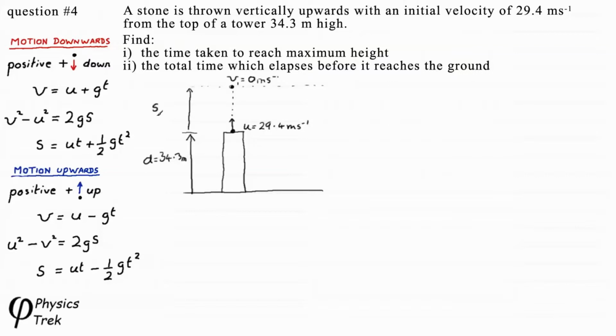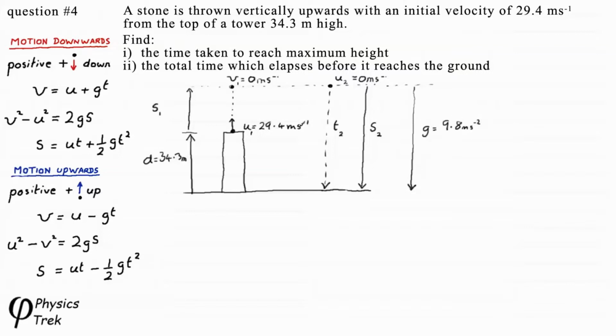It ends up with final velocity v1, 0 meters per second. It travels a vertical distance s1 meters, and when it falls, its initial velocity, 0 meters per second, is u2. It takes time t2 seconds to fall, and it falls a distance s2 meters.